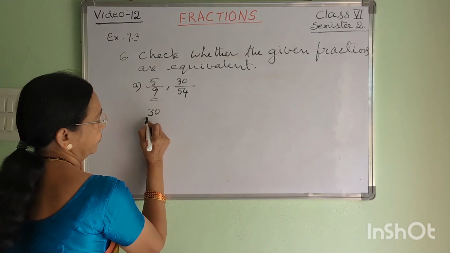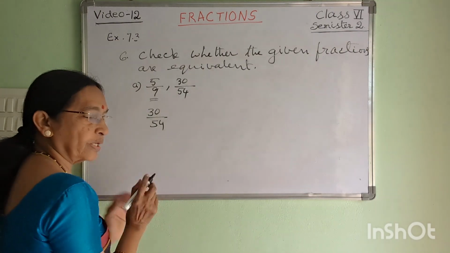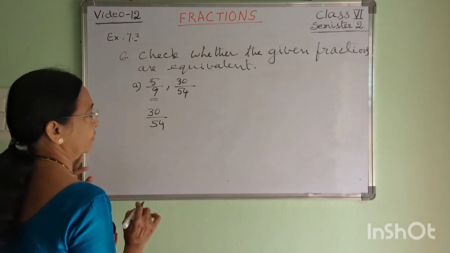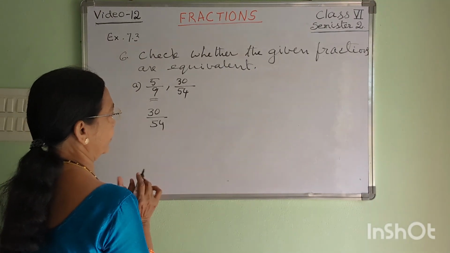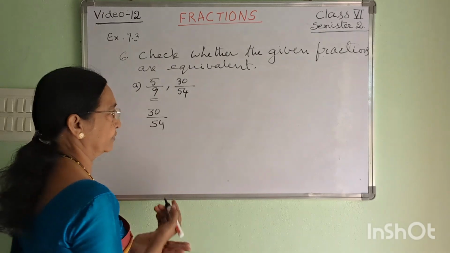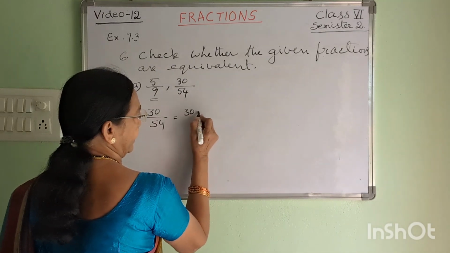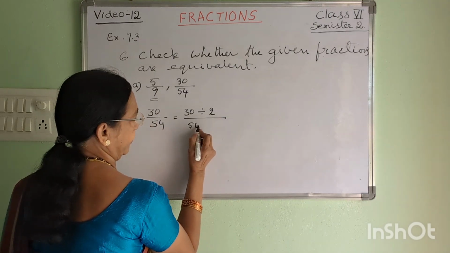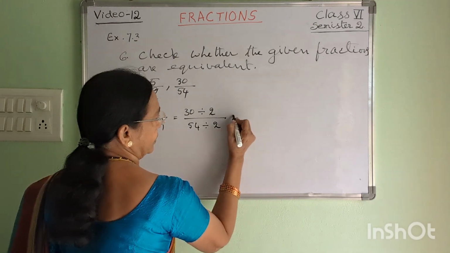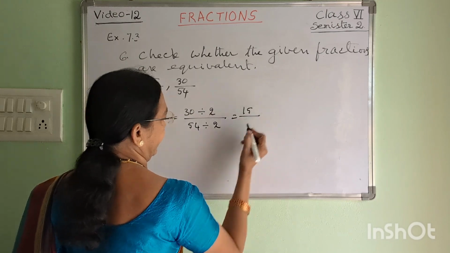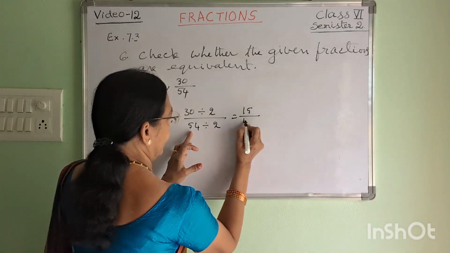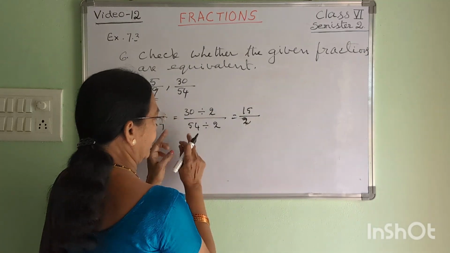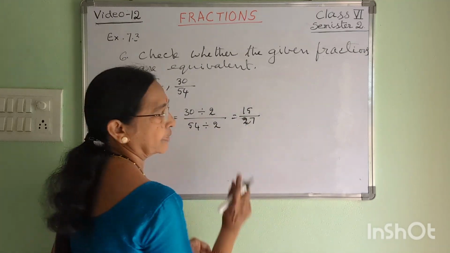Next, 30 by 54. We will convert it into its simplest form. We will divide by 2 first. 2 is a factor. So 30 divided by 2 and 54 divided by 2 is 15 by 27.